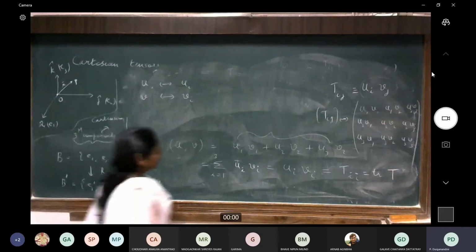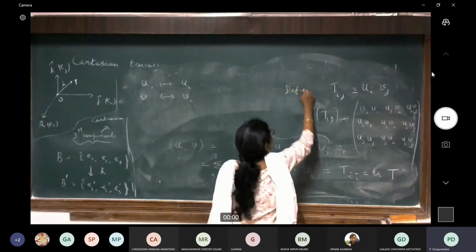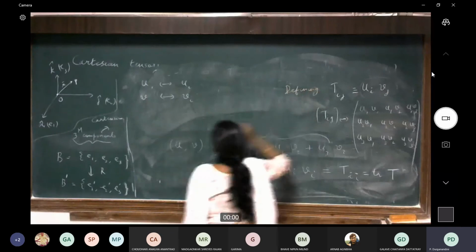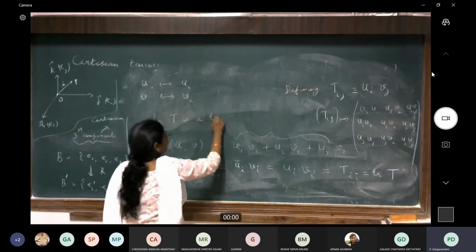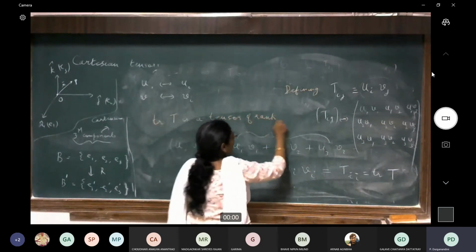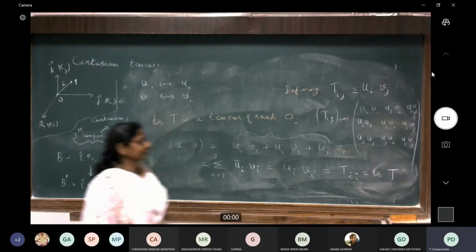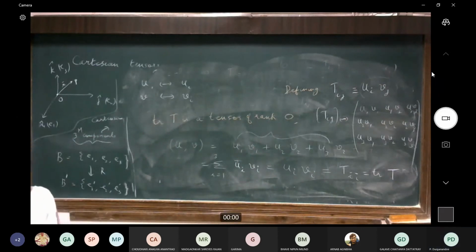So in other words, it tells me that the trace of T is a tensor of rank 0, because it's a scalar. Okay.